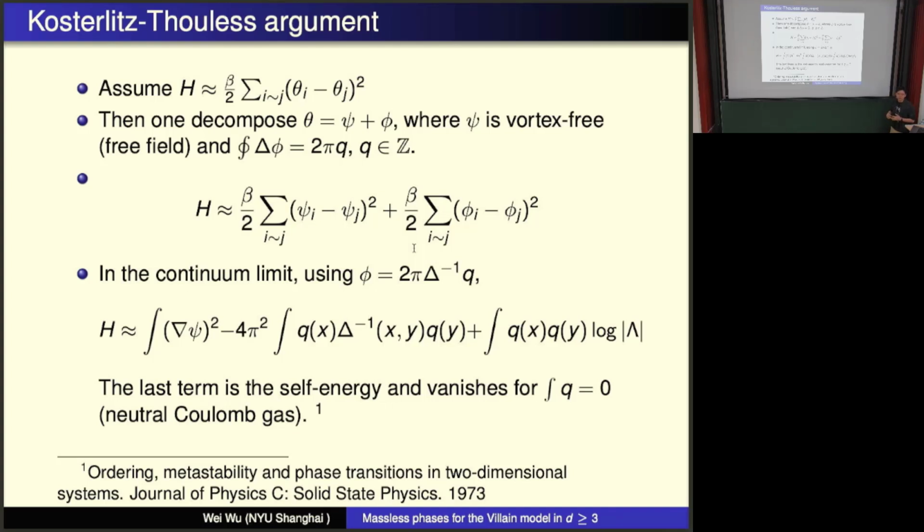Later we will see a rigorous version of this derivation: for the Villain model, not XY, but the Villain model, you indeed have this decomposition into a Gaussian free field and a vortex part, and that's exact.